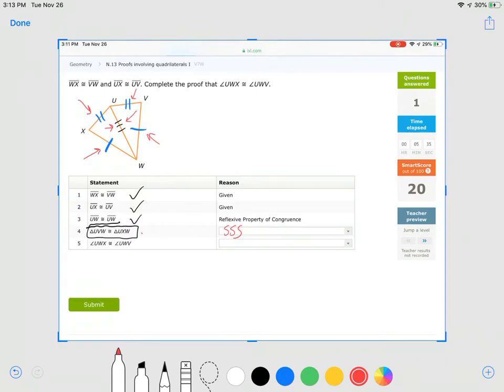And then in the last line, line 5, of course, if the two triangles are totally congruent, then of course these individual parts of them are congruent, which is these angles. So these two angles correspond to each other.